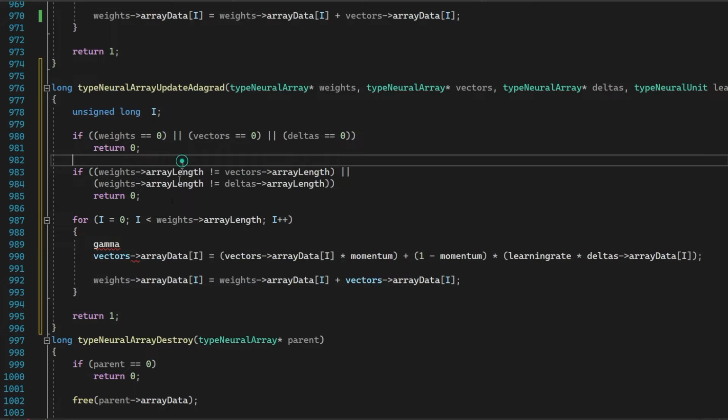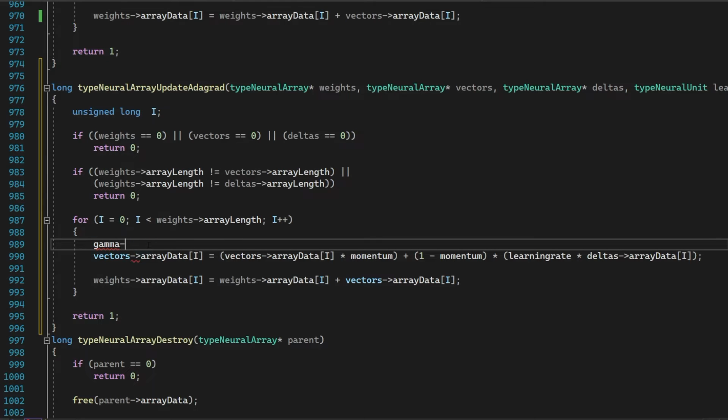Gammas is a null array. Gammas dot array data dot I. When I say gammas here, it just means a null array. I call it gammas because it comes after alphas, and betas doesn't sound good.